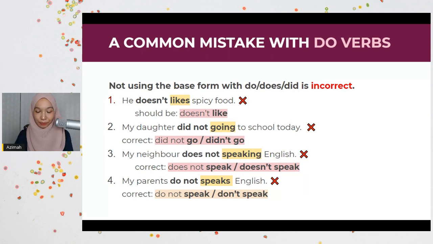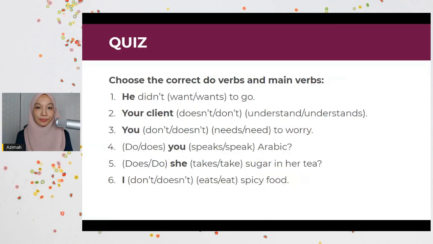Is that clear? What should we do with the do verbs? We should change it into the base form of the verb. Okay. The base form of the verb, and I hope you can see it. So we have doesn't like, two verbs there. Okay? All right.